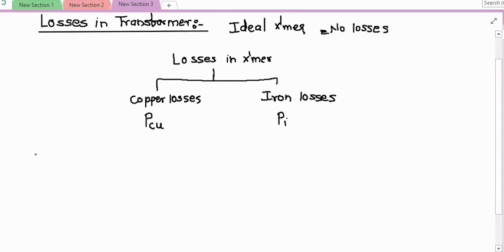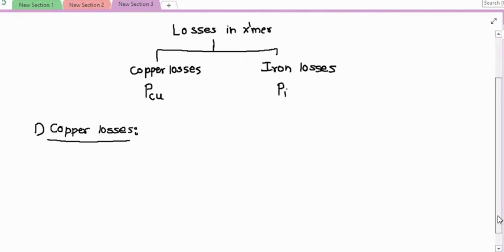So first of all, let us see the copper losses. The total power loss taking place in the winding resistances of a transformer is nothing but the copper loss.